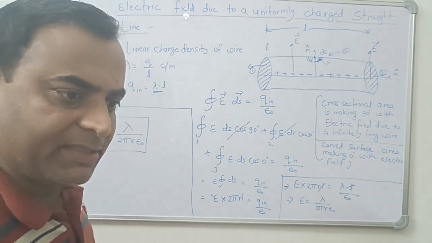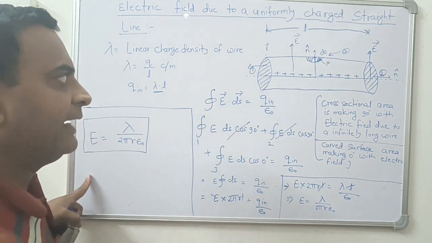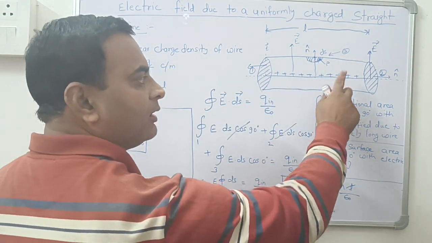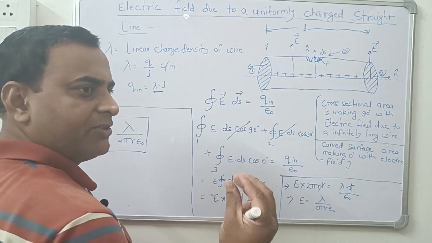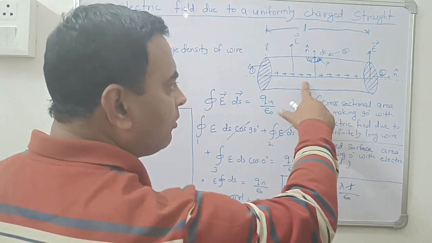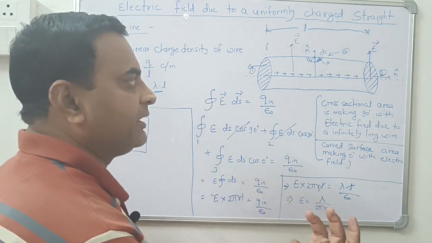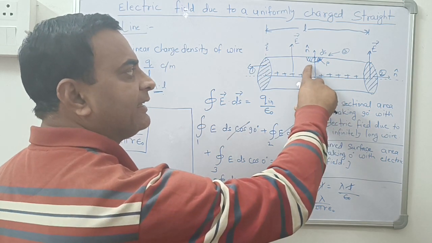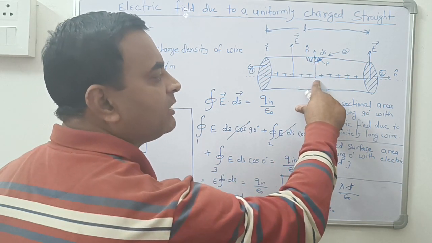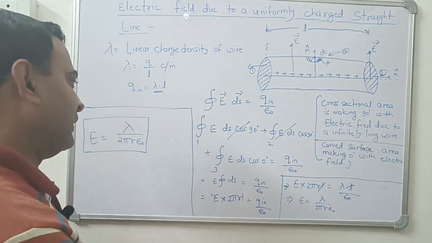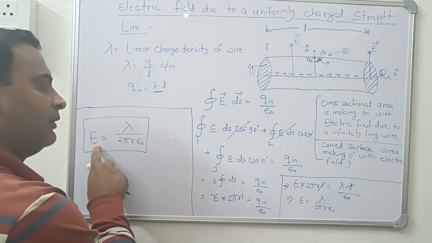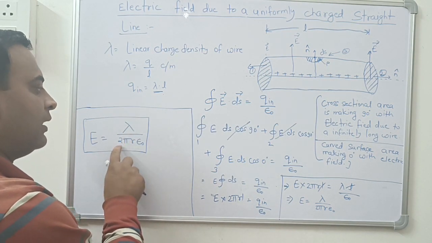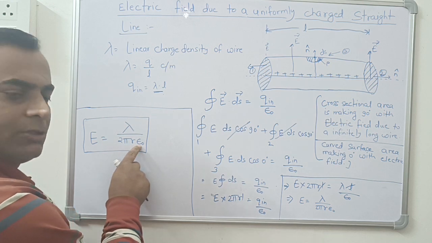It says that the electric field at a point P due to this infinitely long wire, which we assume is carrying positive charge, is lambda, the linear charge density, upon 2 pi r into epsilon naught.